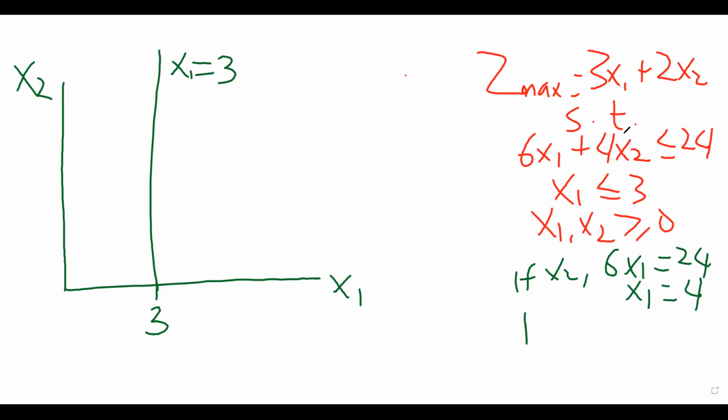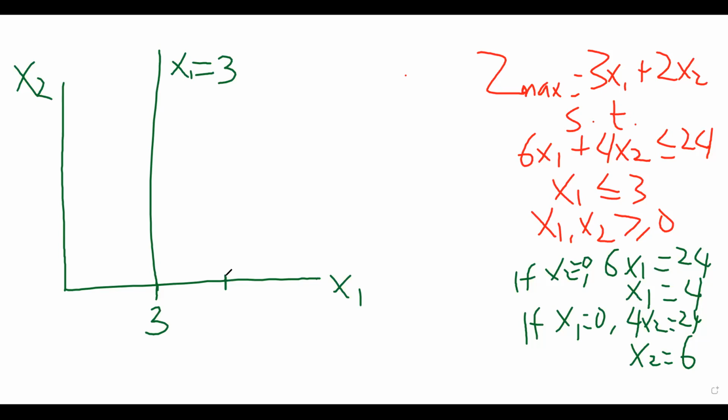Now, if x1 is 0, then you have 4x2 equal to 24, and that means that x2 is 6. So you have x1 is 4, and that will be somewhere there.